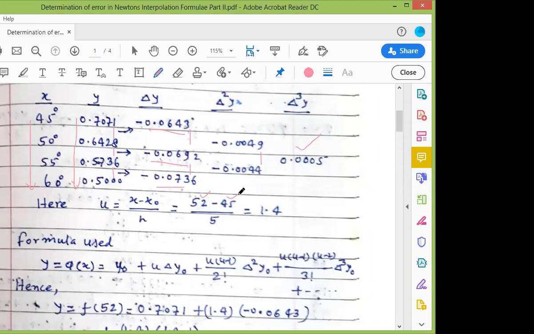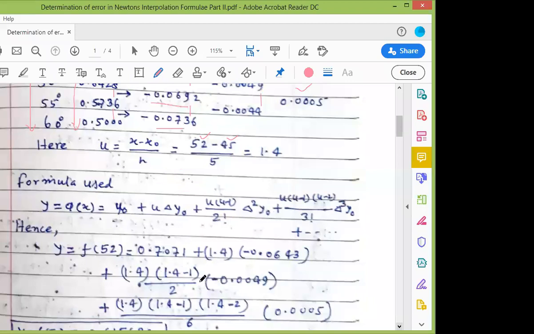Hope you have got the essence. Now this is the formula; Newton's forward and backward interpolation formulae must be committed to memory. This is the formula used.